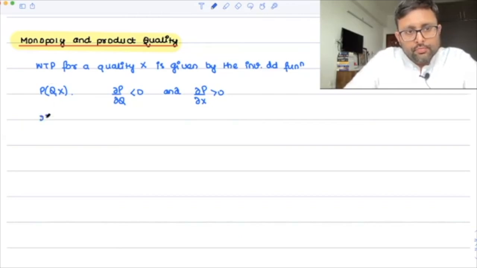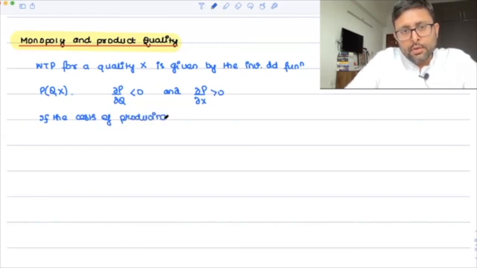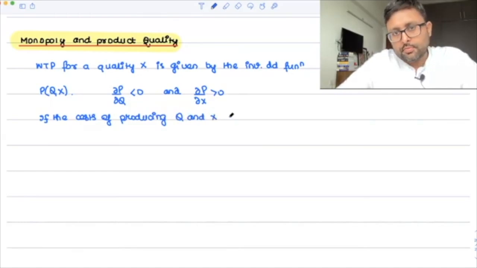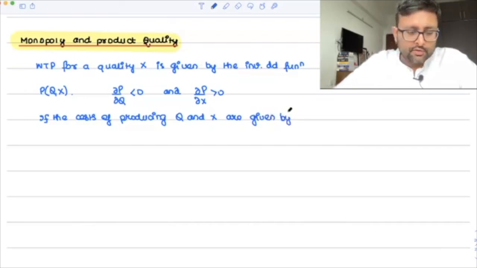So if the costs of producing Q and X are given by C(Q,X).